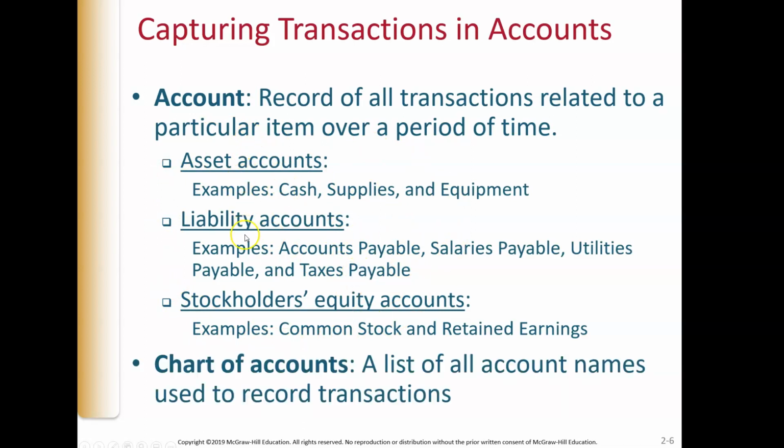So, asset accounts, liability accounts, stockholders' equity accounts. You should be pretty familiar with these by now, and you need to have these down. You need to understand them because that's the basis for everything we'll do in this chapter. A chart of accounts is simply a list of the names of all of the accounts. Not all businesses have the same chart of accounts. But most businesses have the same basic ones: cash, accounts payable, etc.